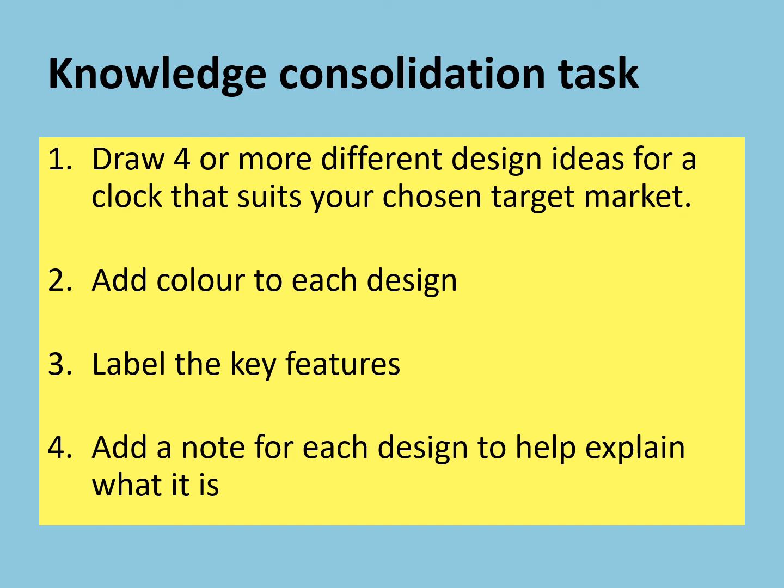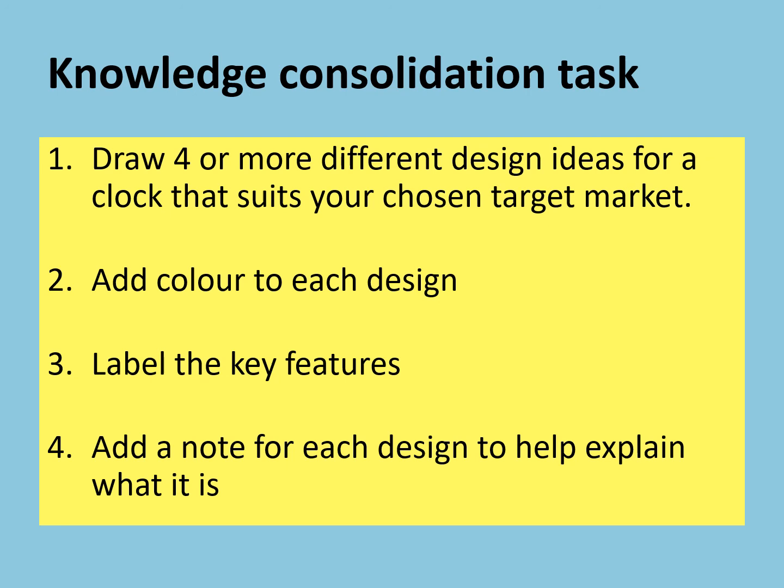And if you don't have colours available, then please don't worry, you could always label them, which brings me on to number 3. I'd then like you to label any key features. So again, this could be to identify specific shapes, any specific words, it could be to label the size, the materials you would want to use, etc. Anything that you think needs to be labeled or clearly identified.